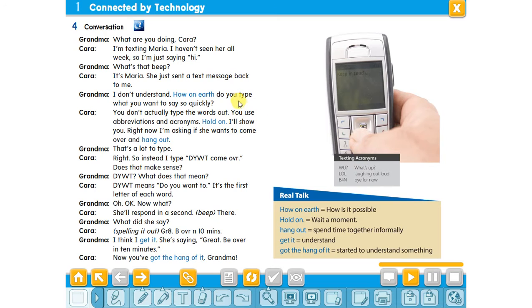Okay? You see the idea here? It is here using what we call abbreviations and acronyms. As you see here, this is what we mean by abbreviations and acronyms. DYWT: do you want to come over? You see? Instead of writing all the words.